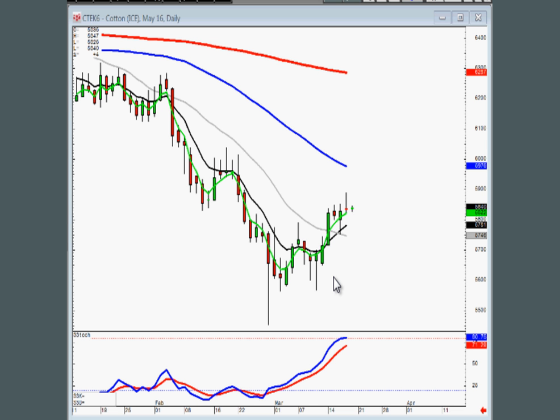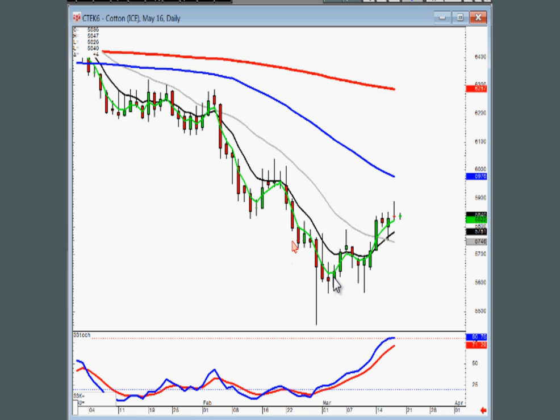Yes, you can use the... and again, it depends on how fast you're trading. My analysis is based on the charts that seem to work for me in the time frame that I work.